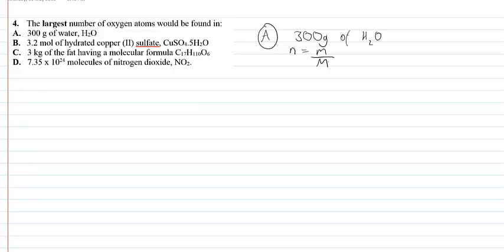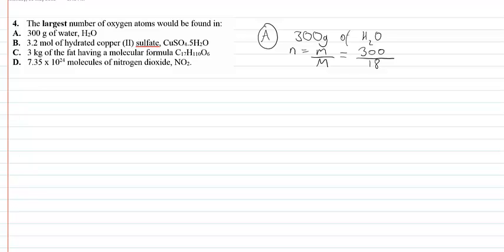So n is our number of moles, m is the actual mass we've been given, and capital M is the molar mass. In this case, our actual mass of water in the question is 300 grams. Our molar mass, the molar mass of water, is 18. You should be able to remember that. There's two hydrogens, each of those weighs 1, and there's an oxygen weighing 16.